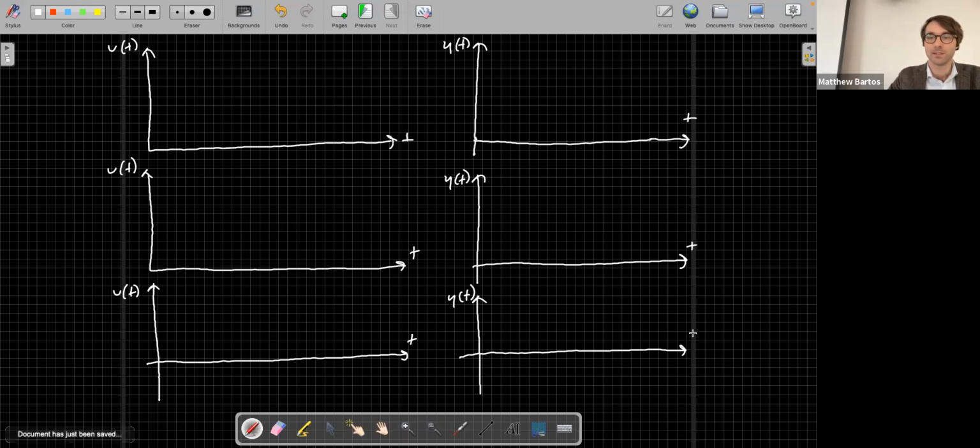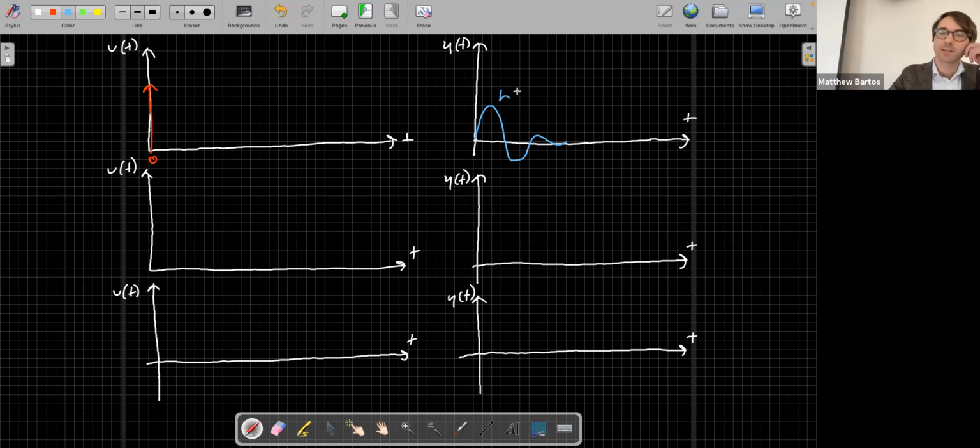So the key idea here is, let's say we hit our system with an impulsive input at time 0. It'll produce some output h of t. Let's say it looks something like that, some sort of second order system where we get this little oscillation here.